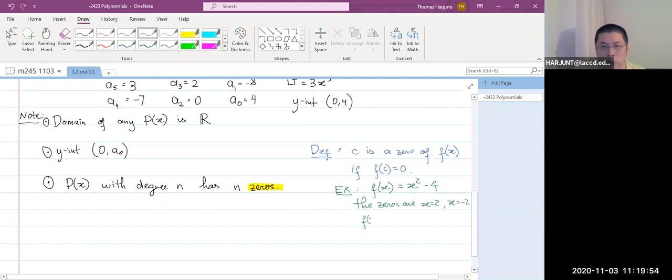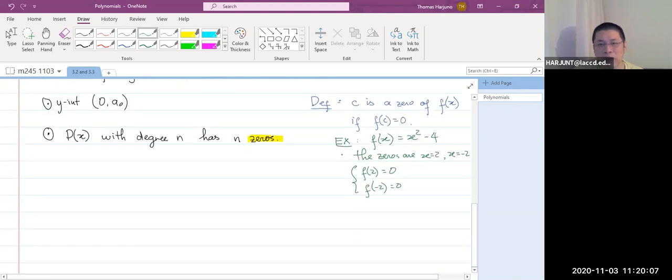Because f(2) equals 0 and f(-2) also equals 0. Now you will see later on that zeros are very closely related to x-intercepts, because if the zero is a real number, like in this case, then the x-intercepts are (2, 0) and (-2, 0).